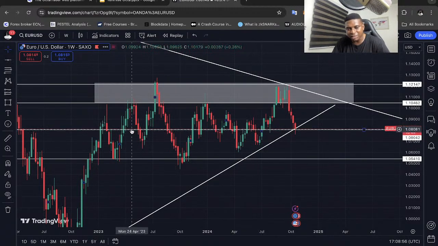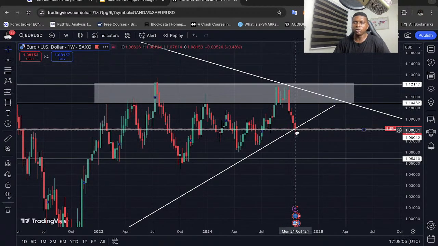And then we can see that this level has a little resistance and support. So it's a minor support zone, where the current market price is right now.